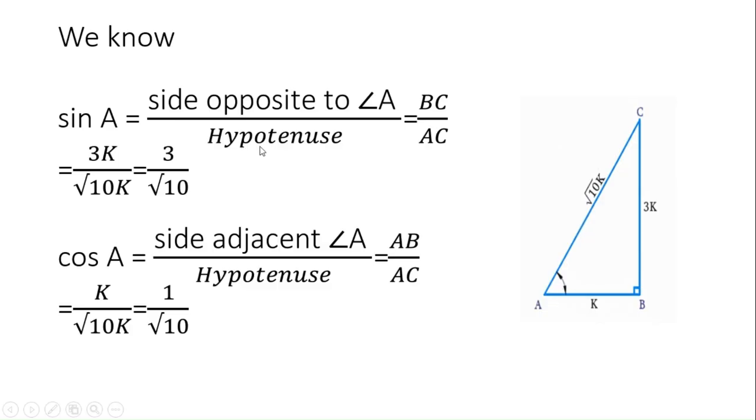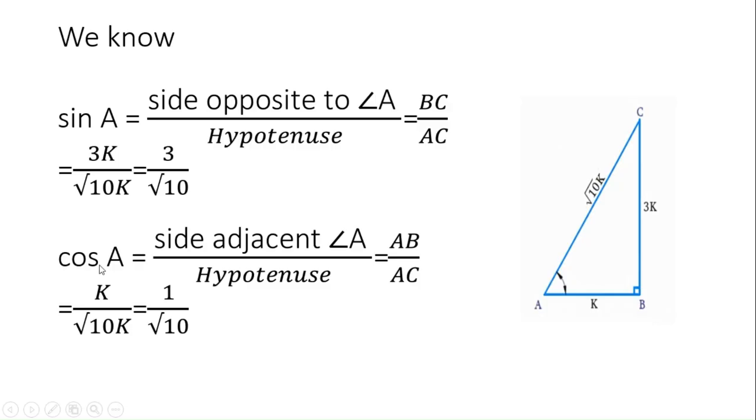So sin A is nothing but side opposite to angle A by hypotenuse. Okay, so sin A is equal to side opposite to angle A is nothing but BC and hypotenuse is nothing but AC. So here sin A is equal to 3K by root 10K. K K gets cancelled and it becomes 3 by root 10.